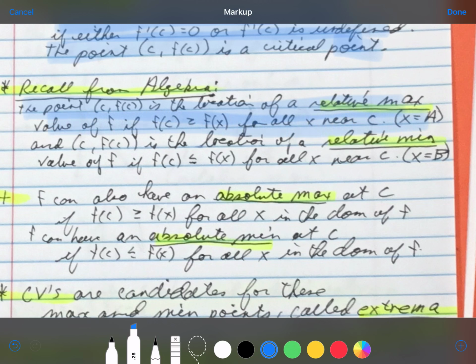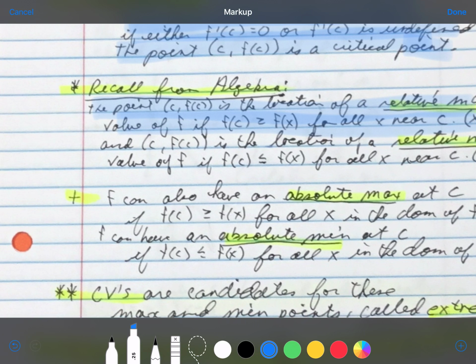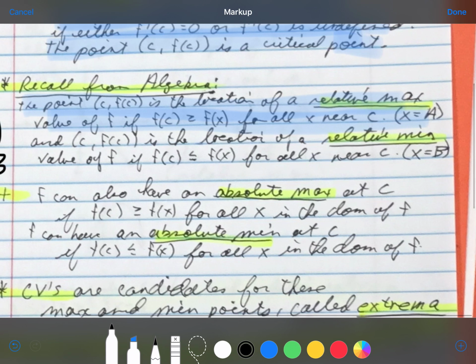And then back to that little diagram that we had before, let me do just a little quick sketch on that. We had A here and B here. We had a relative maximum right here because within that region of the graph, that's the highest point, that's the largest function value on the graph of that function. So we call it a relative maximum. The other term we use there, we call it a local maximum. So relative max or local max.